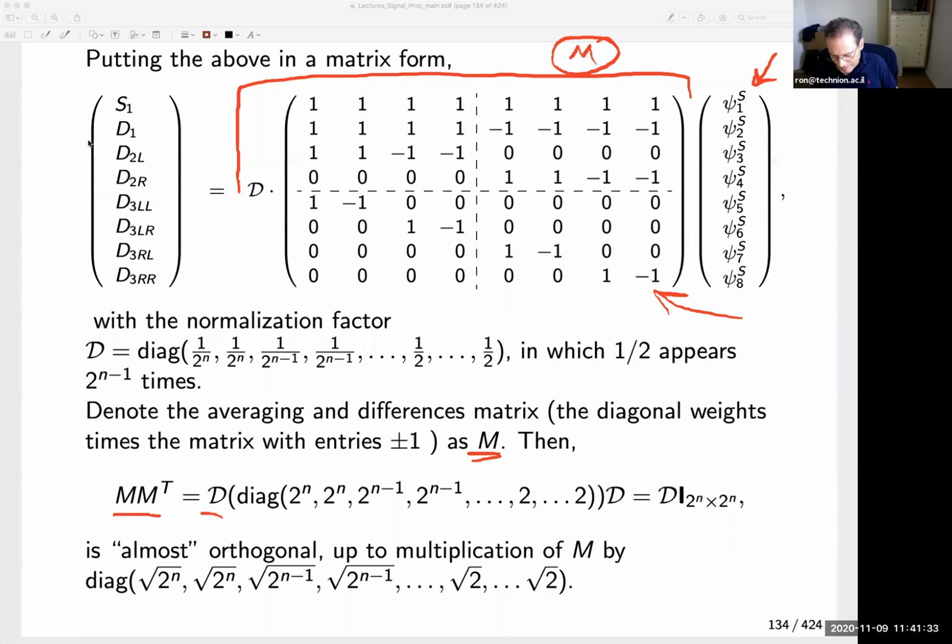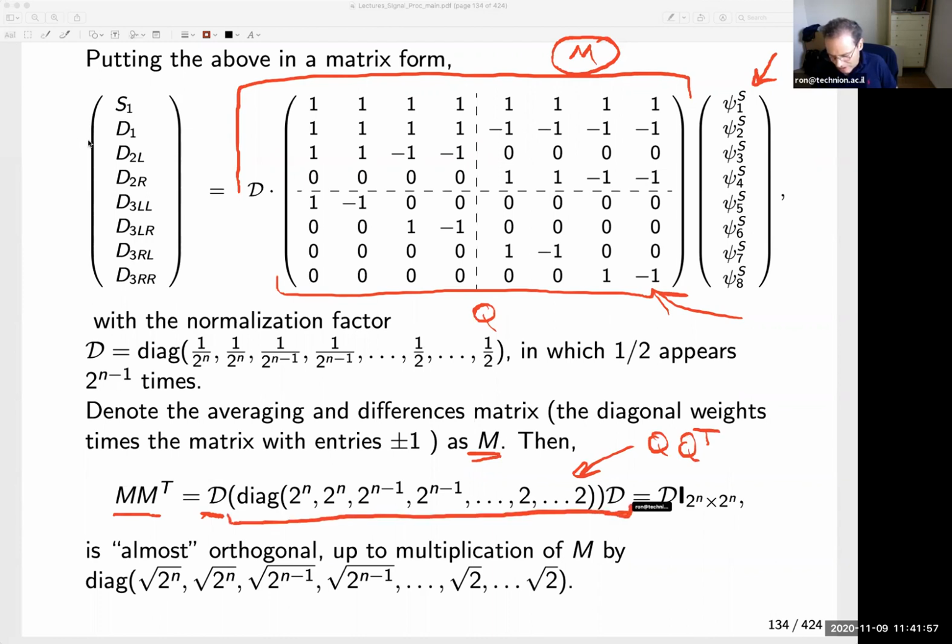So this is D. Then I have M times M. If I take only this part and I call it Q, this would be Q times Q transpose over here, and there would be a D there. And we see that this part is the identity.